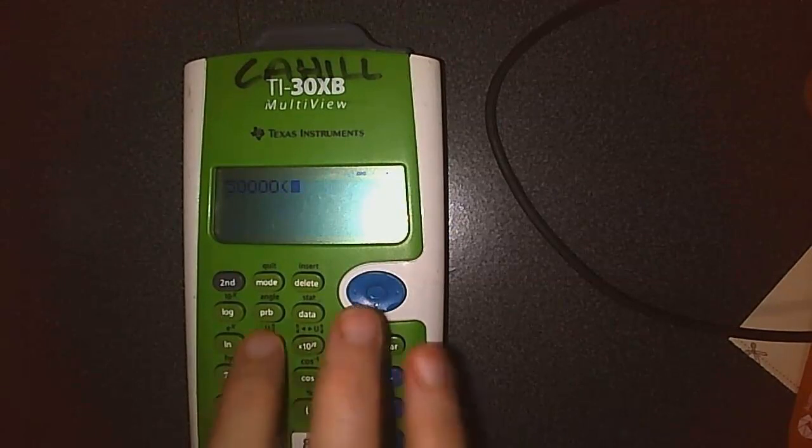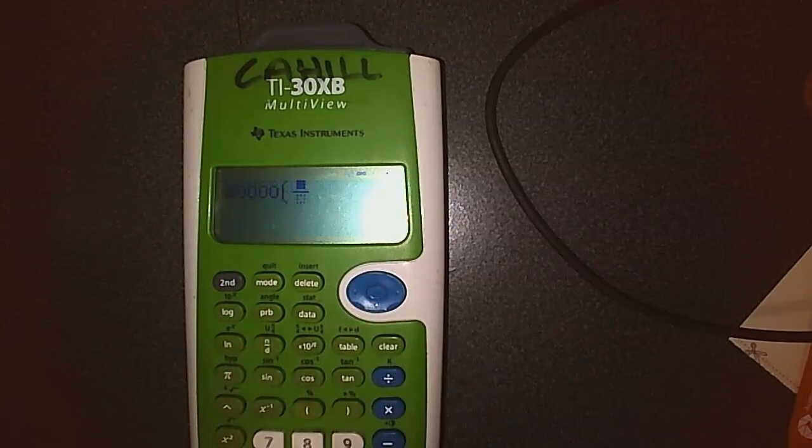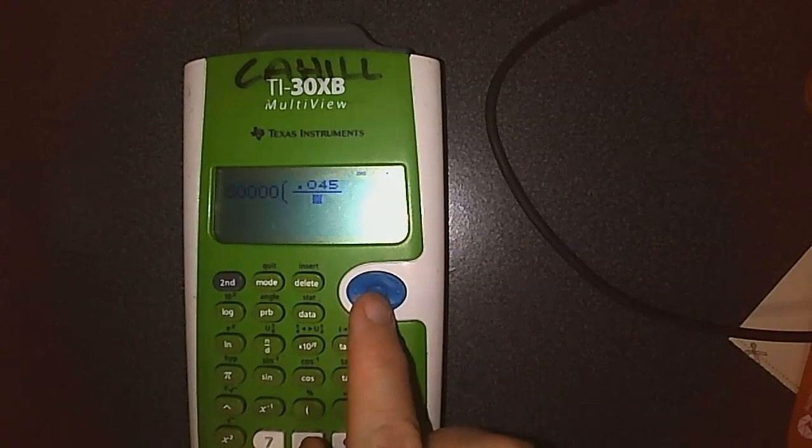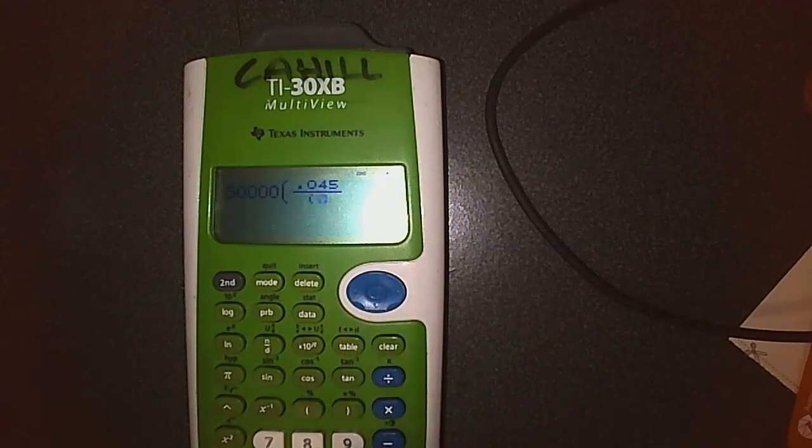Open brackets, 0.045 over 1.045 to the 10th.